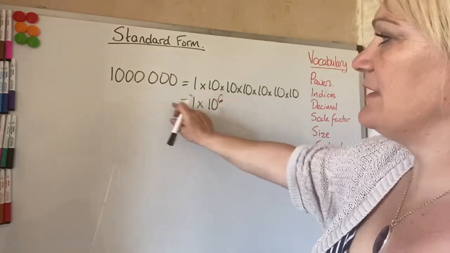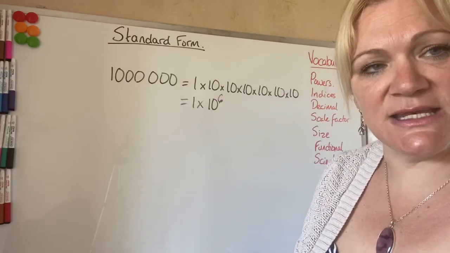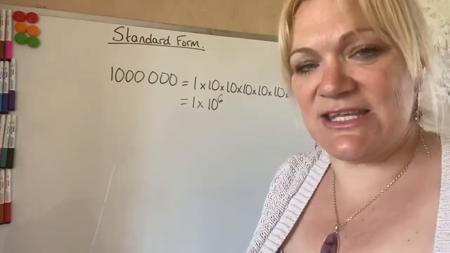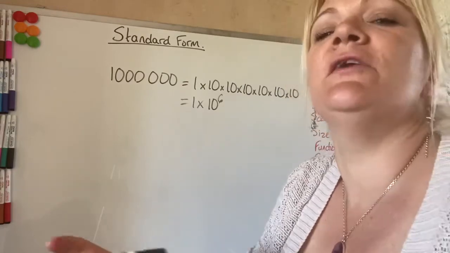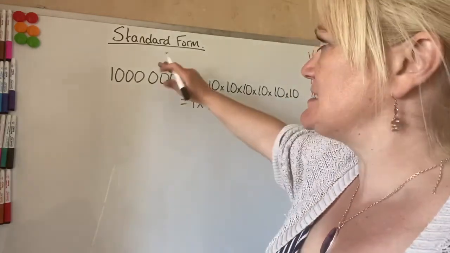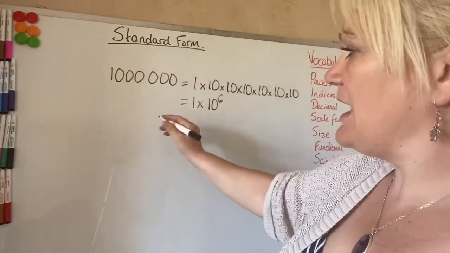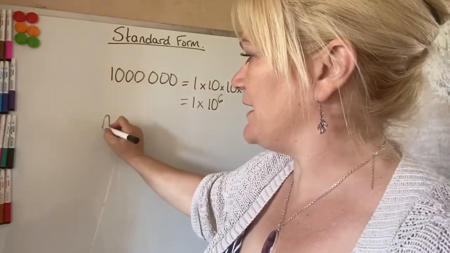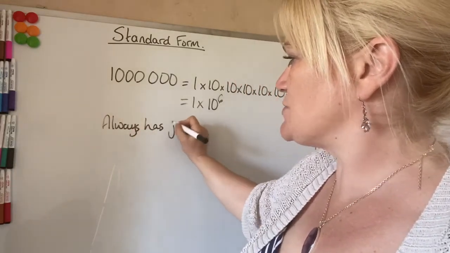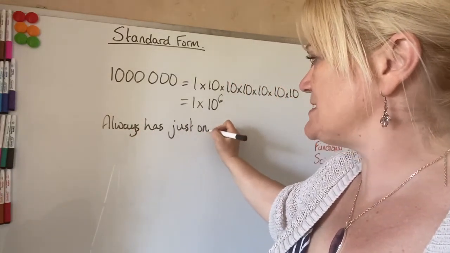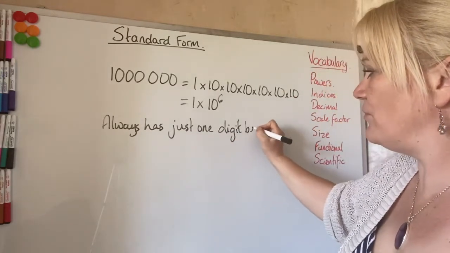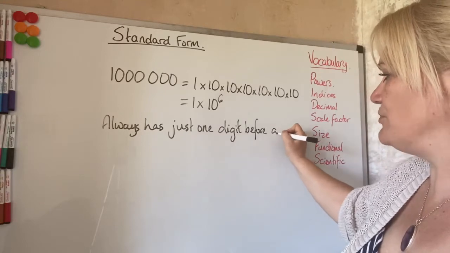This number is that written in standard form. Standard form is very specific. It's standard, that's the idea. It's the same for everybody all over the world. Standard meaning exactly the same for everyone. So it's standard form, it's written in the same way. And a standard form number always has just one digit before a decimal point.